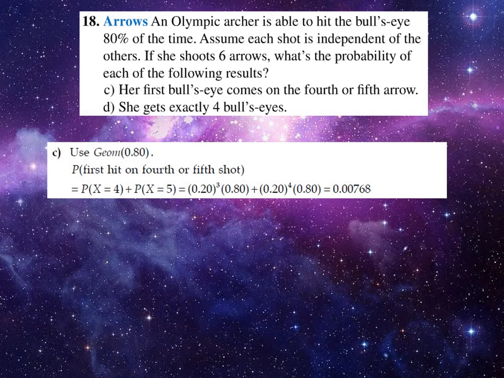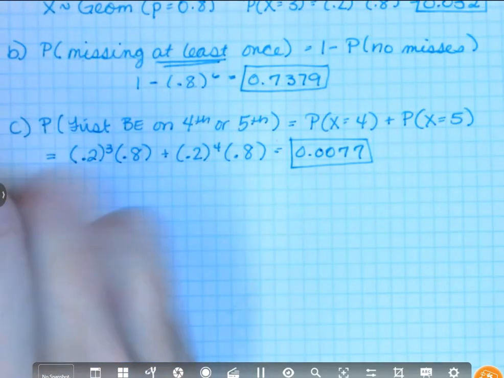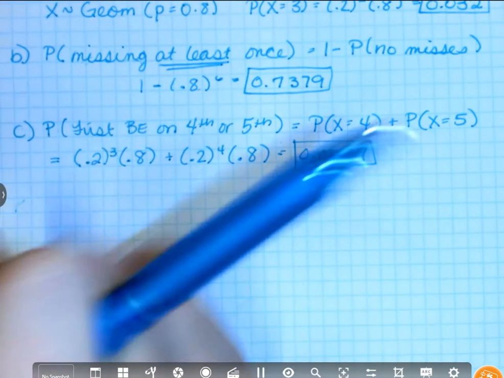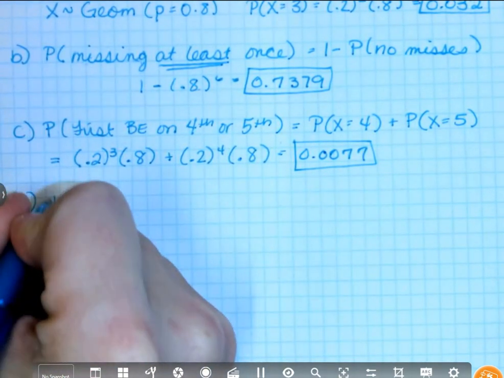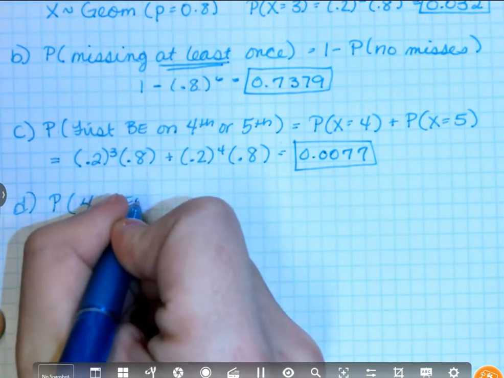Okay? The next one says the probability of getting exactly 4 bullseyes. What is that? That's going to be binomial. Everybody okay? So I'm talking here about the probability of 4 bullseyes.